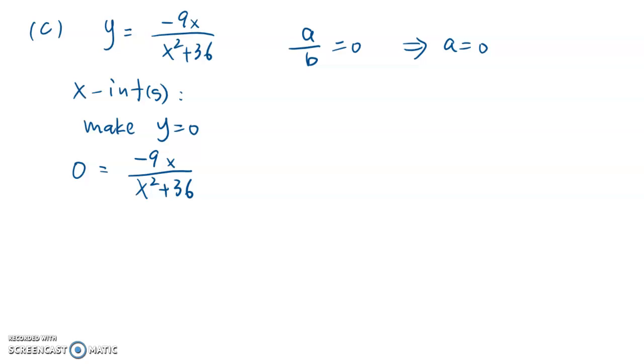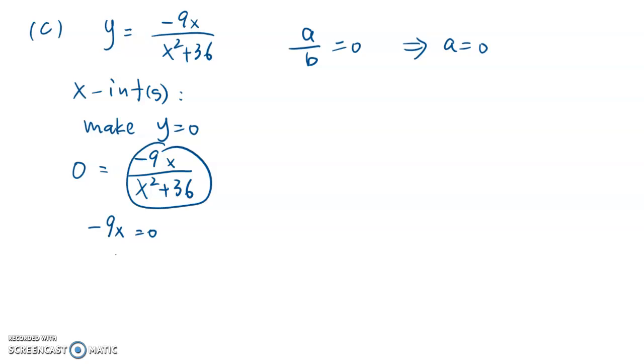So similar here. Here we have a fraction. That fraction is equal to 0. That means the numerator, or the top, must be equal to 0. So I can say negative 9x is equal to 0. We'll do a lot of similar problems like this in chapter 3 or 4, in the polynomial and rational function chapter.